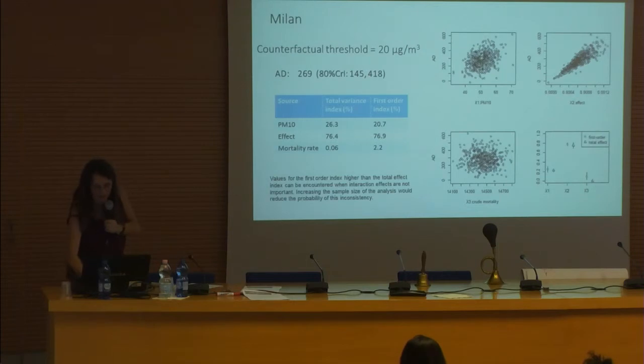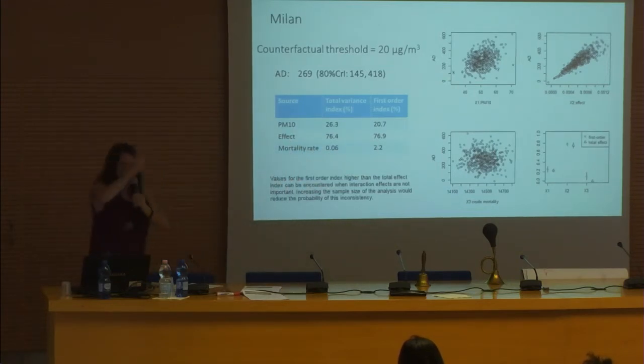For example, in this graph, I reported the Monte Carlo simulation in the space defined by the output, the attributable deaths, and the second input, the effect of air pollution. If in this graph we see a clear behavior, this means that our first order index is high. And in fact, this is the case.